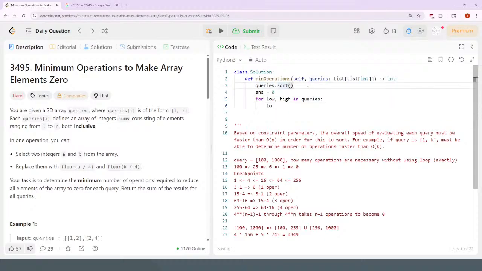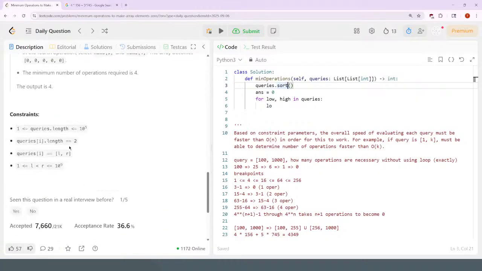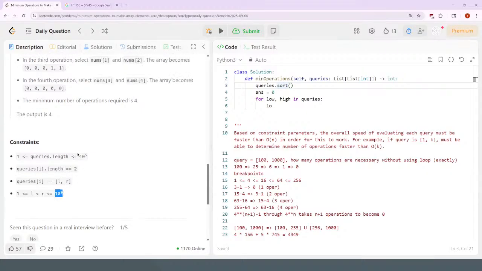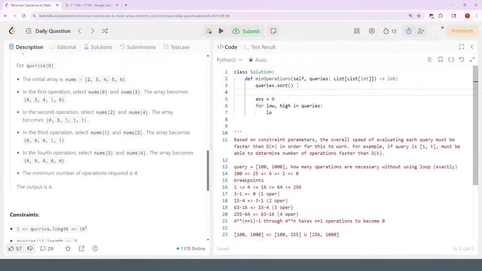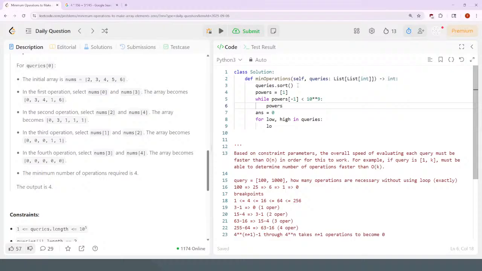So I think it would be something like, okay, let me go ahead and just create a static array of powers of 4. So the queries themselves can go to 10 to the 9th. Let's say powers is an array that starts with 1, while 4 to 0 is 1. Right? So while powers' last value is still less than 10 to the 9th, powers append last power times 4.